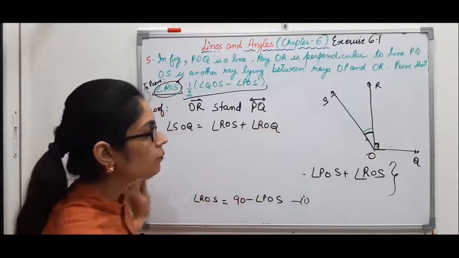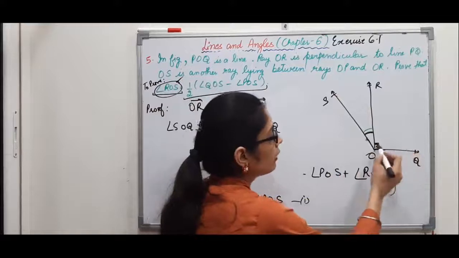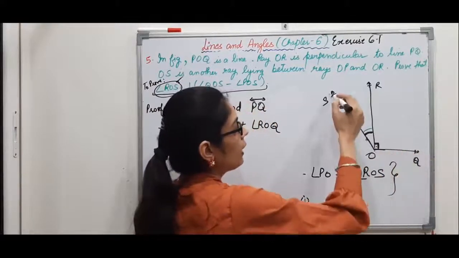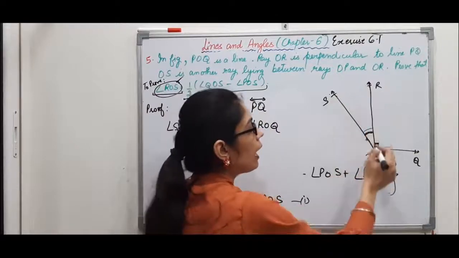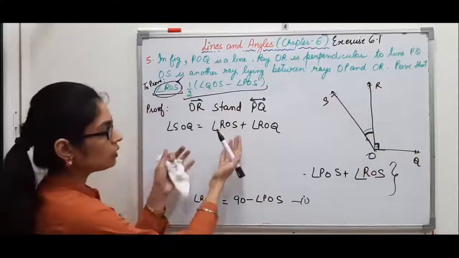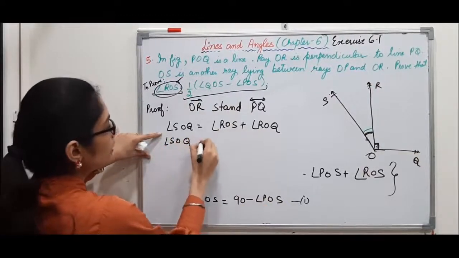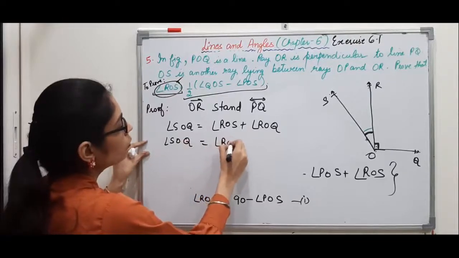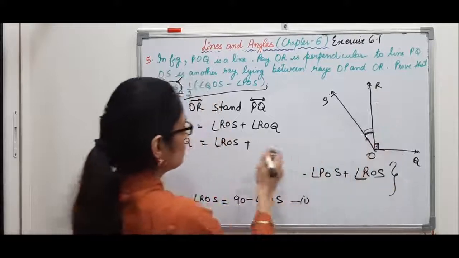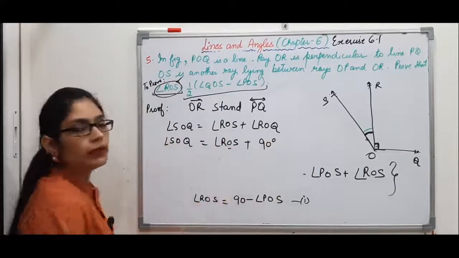See, this complete angle, same thing. If we take this angle, this full angle is equal to the sum of these two angles. So angle SOQ is equal to angle ROQ plus angle ROS. So this is what I have written here. So angle SOQ is equal to ROS, we don't know the value, so this we'll write as it is, and ROQ is equal to 90 degree because it's already given in the question. Now we need the value of ROS.